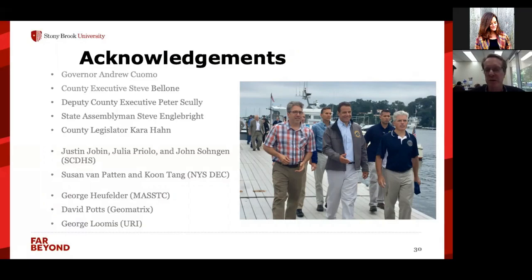They've just put together a super great program here to confront the cesspool crisis on Long Island. And Peter Scully, who makes this happen in Suffolk County. Steve Englebright and County Legislator Kara Hahn have been enormously helpful to the center in helping us to obtain financing.